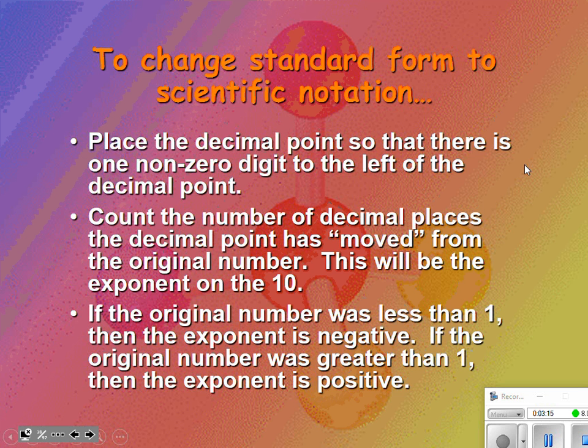Then you count the number of decimal places that you moved the decimal point. This will be the exponent. And finally, you need to decide whether the original number was less than 1 to begin with. If it were less than 1, it's going to be a negative on the exponent. If the number was greater than 1, then it's going to be a positive for the exponent.